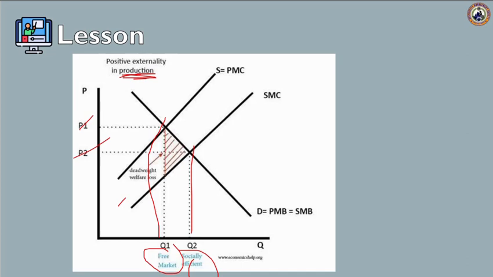The positive externality in production, for example, a farmer grows an apple tree, the fruit of an apple. An external benefit is that he provides nectar for a nearby beekeeper who gains increased honey as a result of the farmer's orchard.